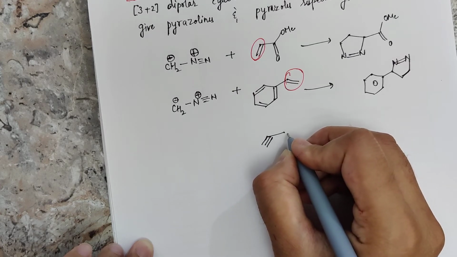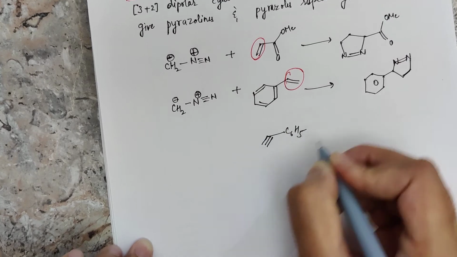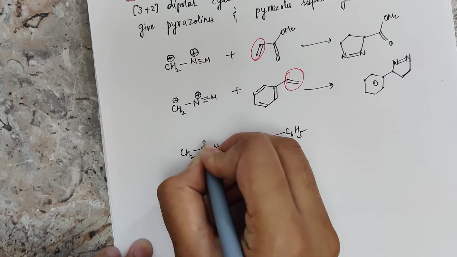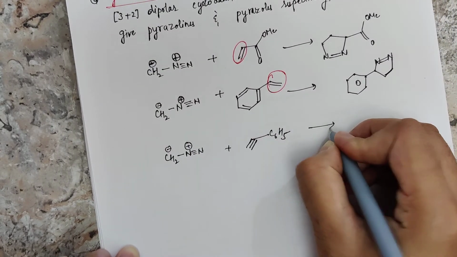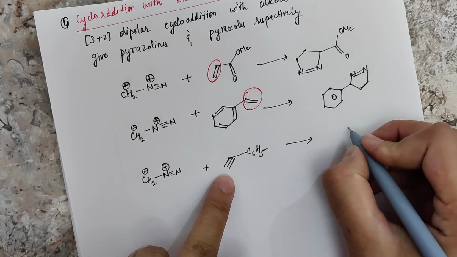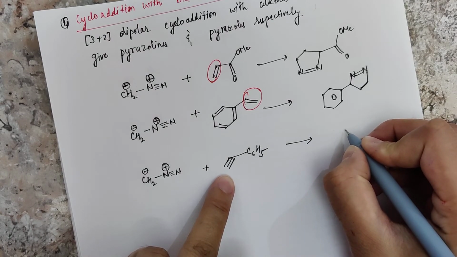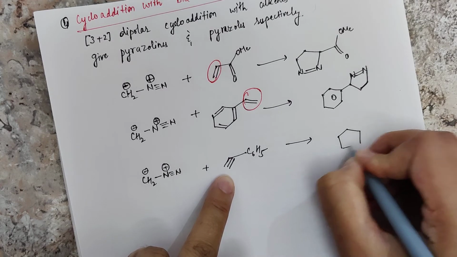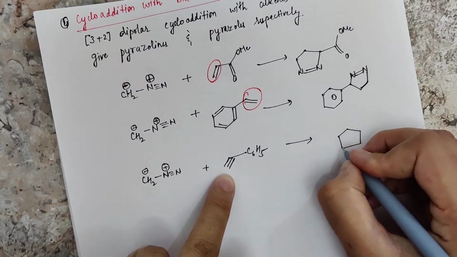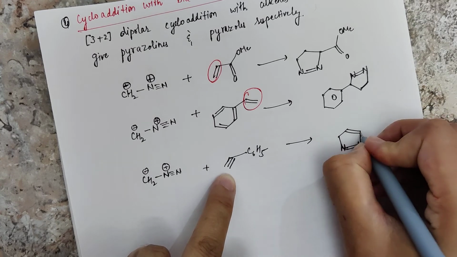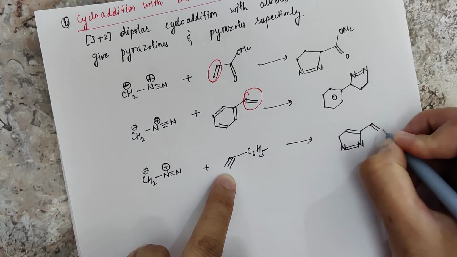Let's again take C6H5 only, benzene ring only. Here we have methylene. So the product in this case will again be a 5-membered ring, but यहाँ पे you will have a double bond.